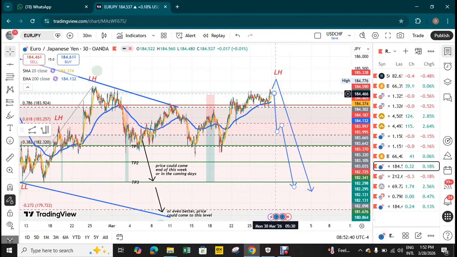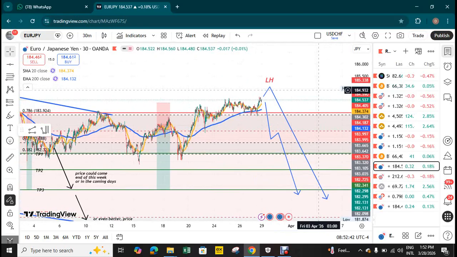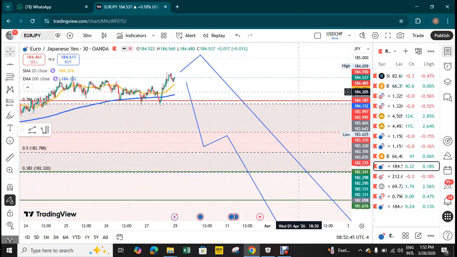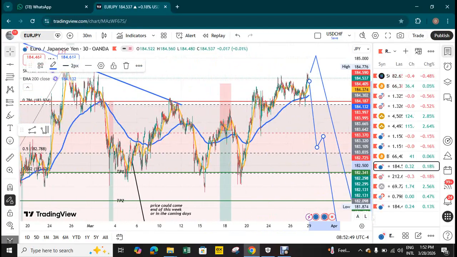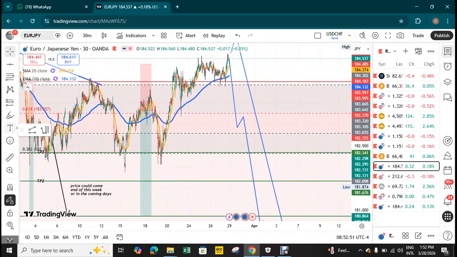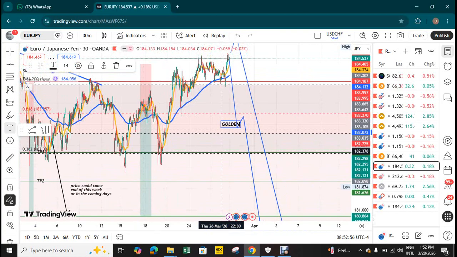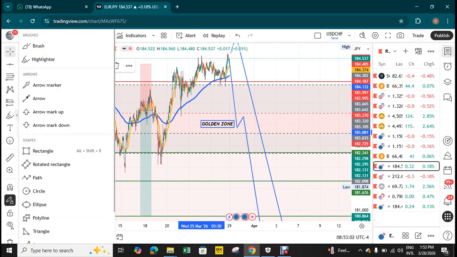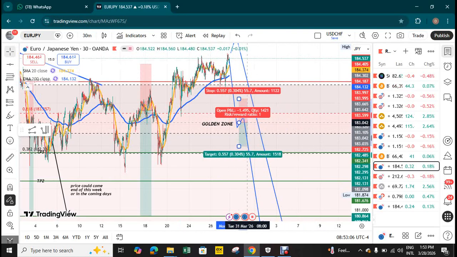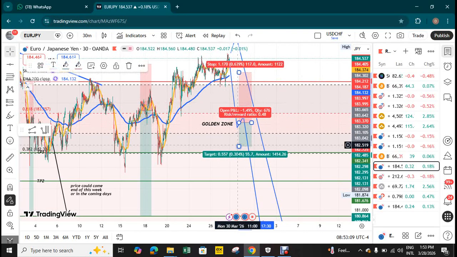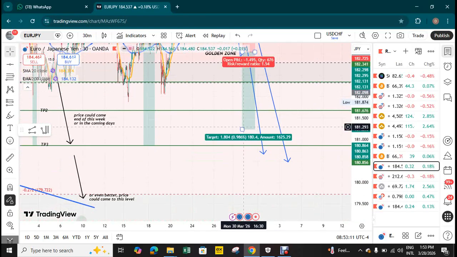Or we see price right now, we want to see price from here come down into the golden zone, which is still here. We want to see price come down into the golden zone, and we are to be looking for an entry to the downside around this level, like this, down to this level.